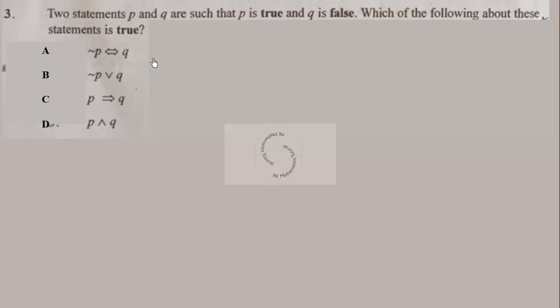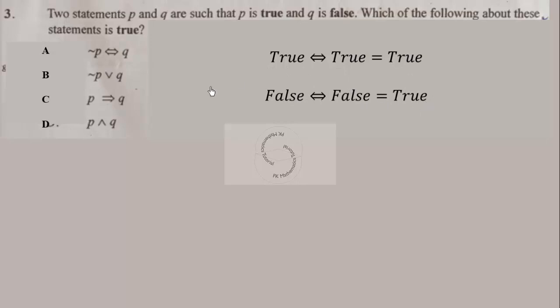Now this statement has a truth value of true if we have the premise being true, that is the hypothesis is true and the conclusion is also true. That is when we get a true value. Then also if both of them are false, it also gives us another true value.